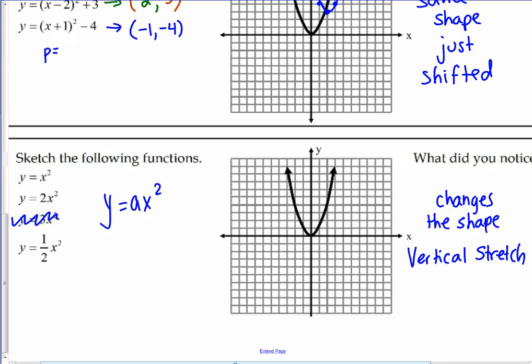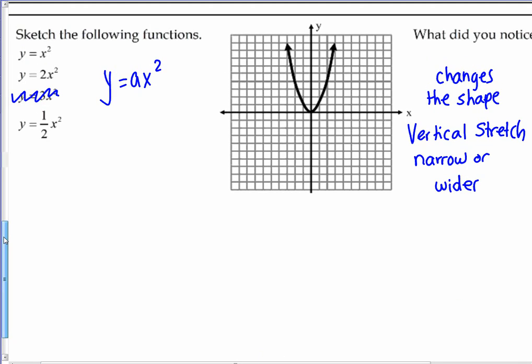Because it's going to make the graph more narrow or wider. So you know what we're going to do?